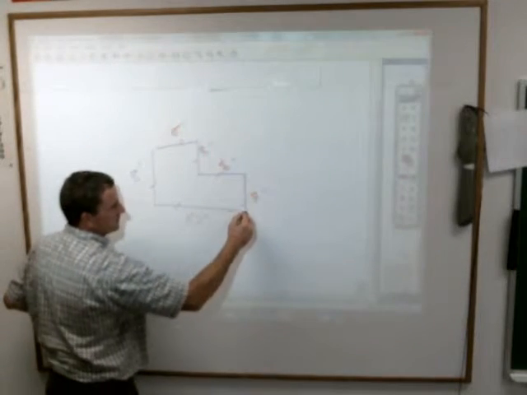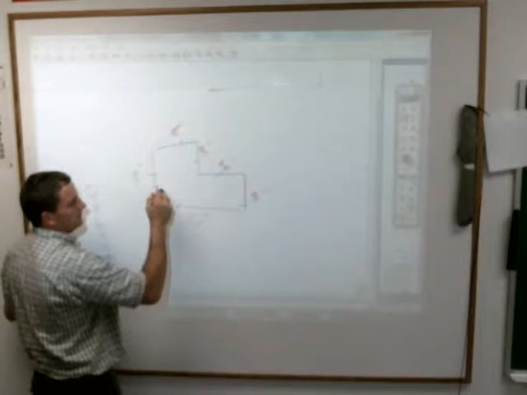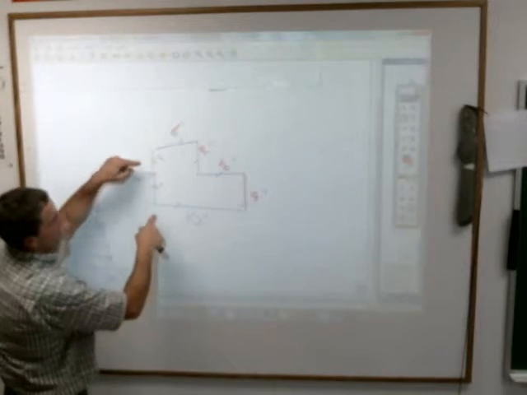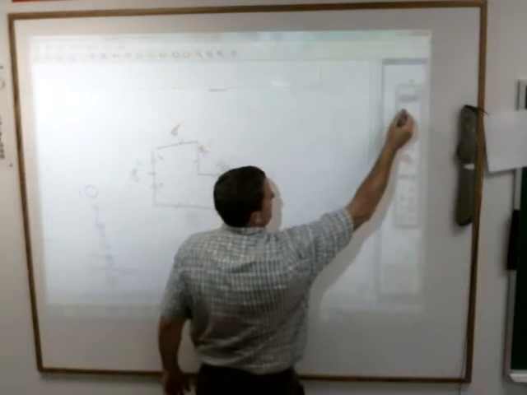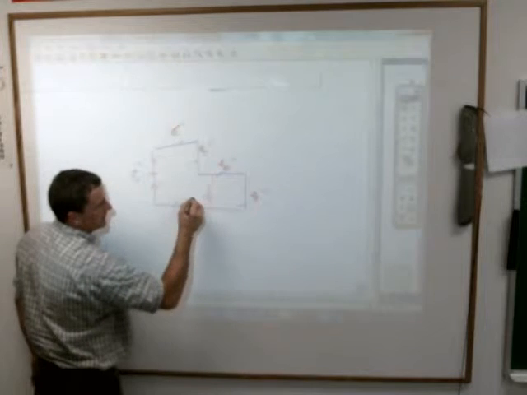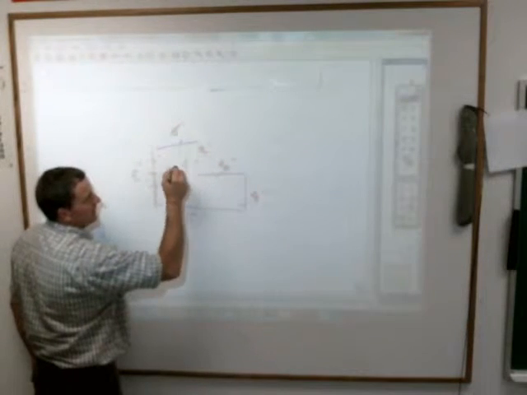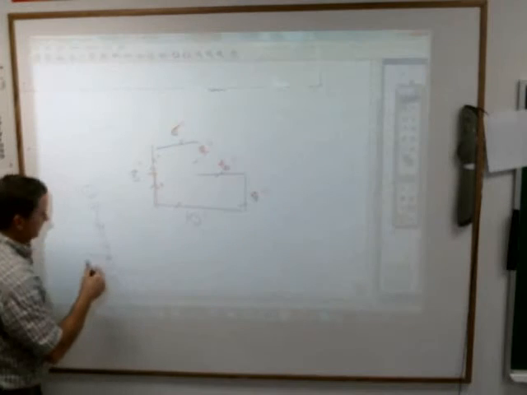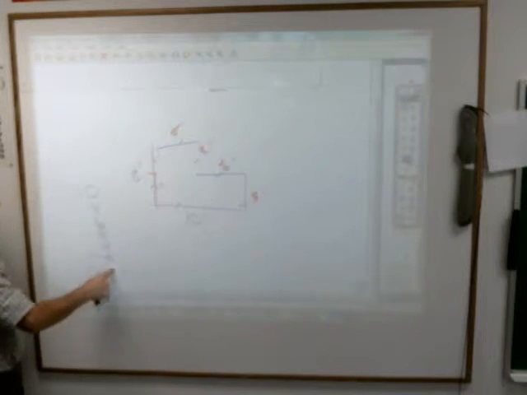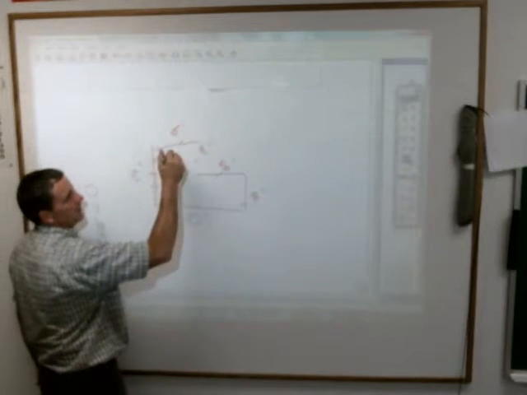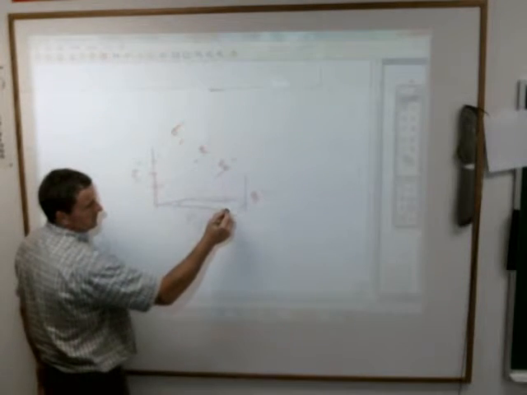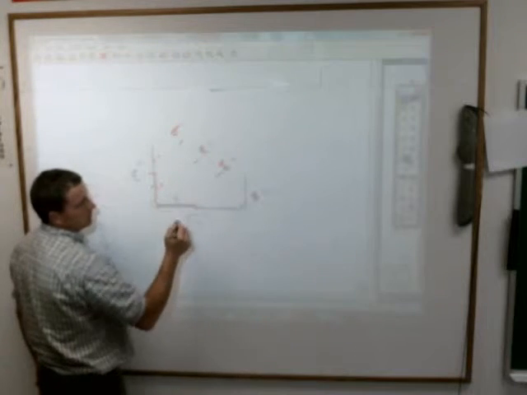If this is 4 inches from here to here, it's the same as this 4 inches from here to here, and this 4 inches is the same as this 4 inches there. In other words, this side here is the same exact length as this side put together with this side. These two fours added together give me the same as that long side, and the same thing here. My side here that was a 4, with the 6 over here put together, those two lines will equal 10.